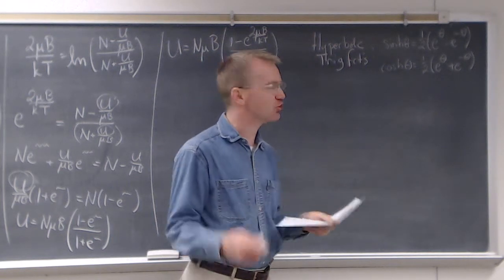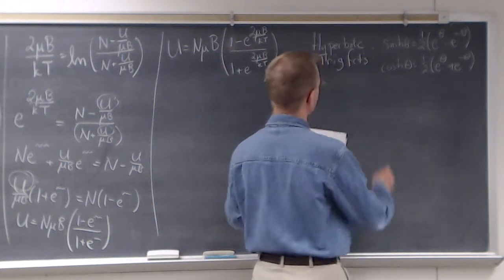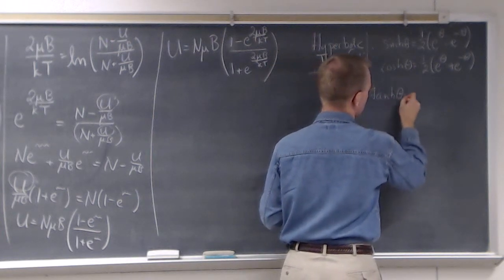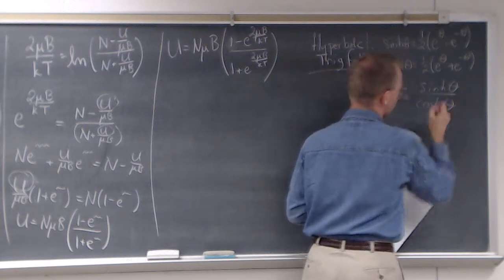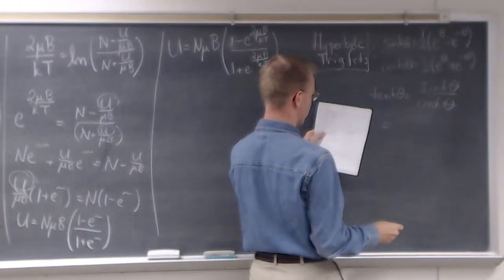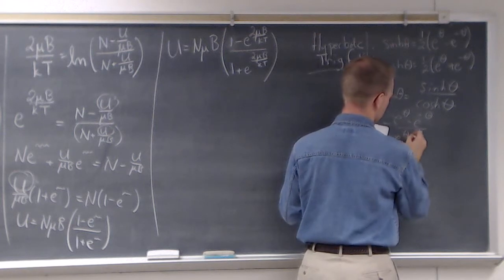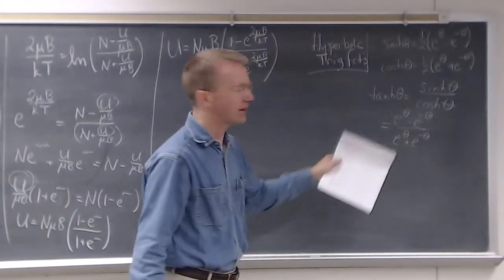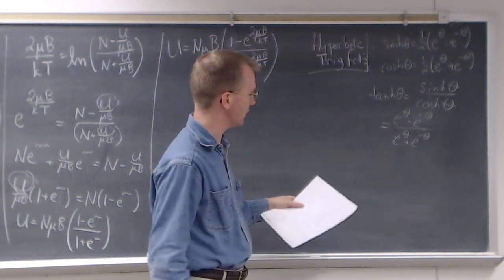Now, the hyperbolic tangent is sinh divided by cosh, hyperbolic sine over hyperbolic cosine. And it turns out, when you divide these two, let's see, we can simplify this since each term has an e to the something times theta in the exponent.